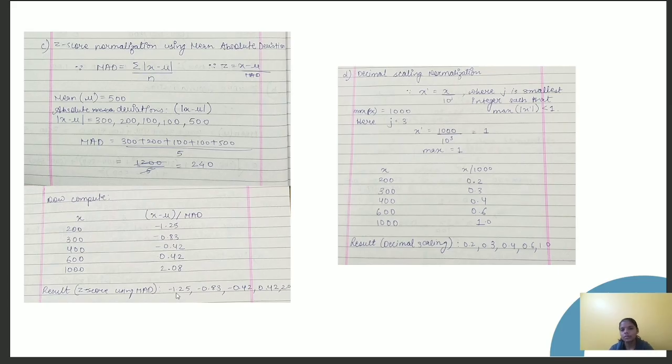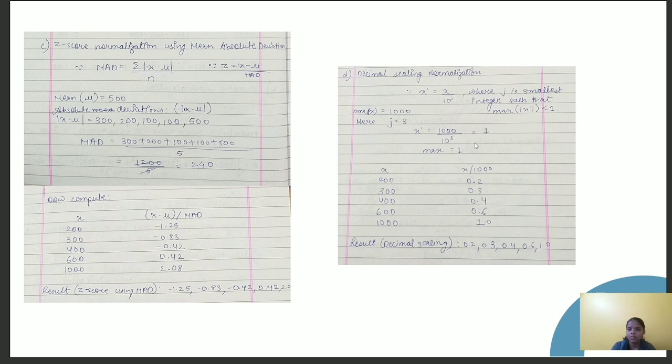According to the 1000, what should we take our j value so that our max will be less than or equal to 1? When we keep j as 3, so 10 raised to power 3, 1000 upon 1000 cancel out and equals 1. So our max is 1.